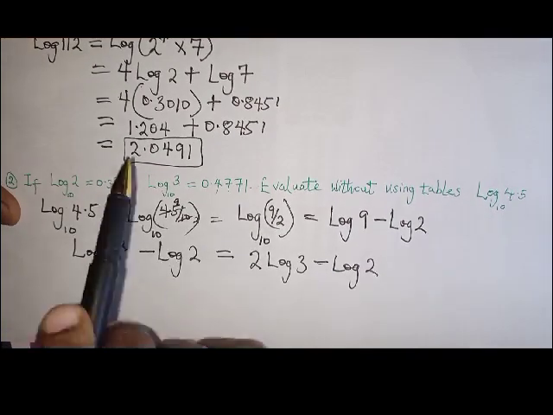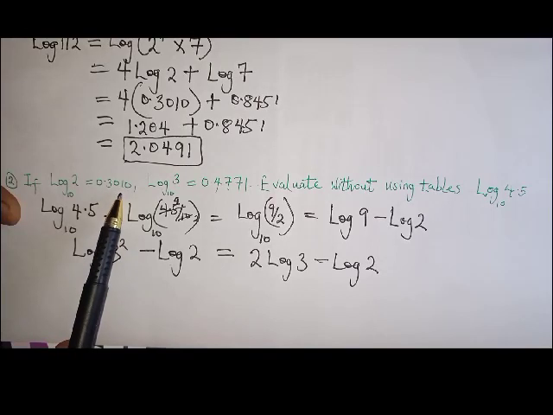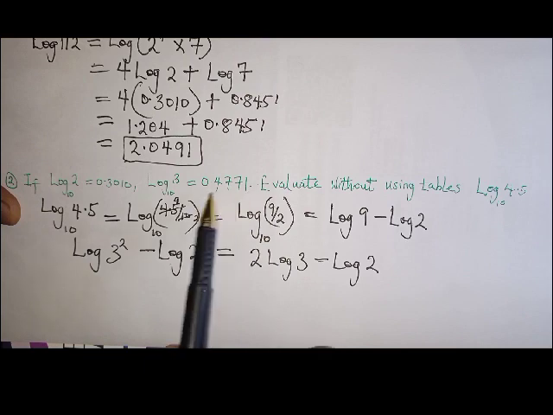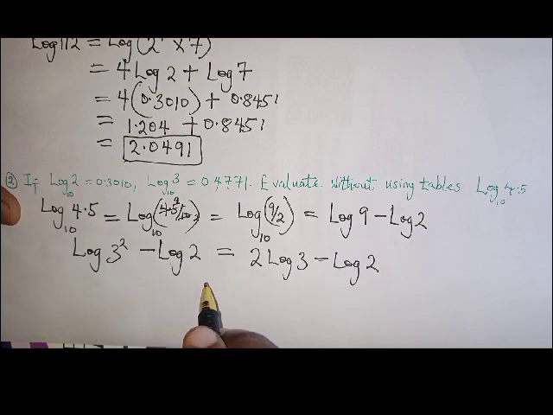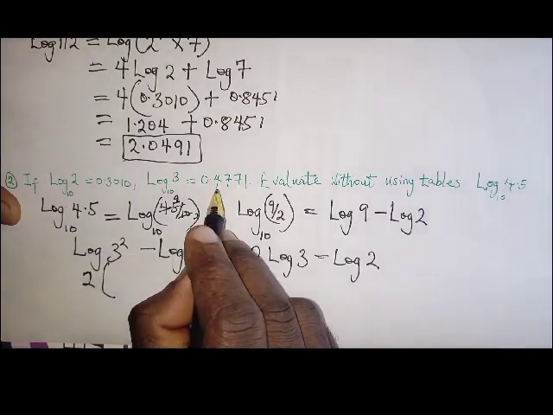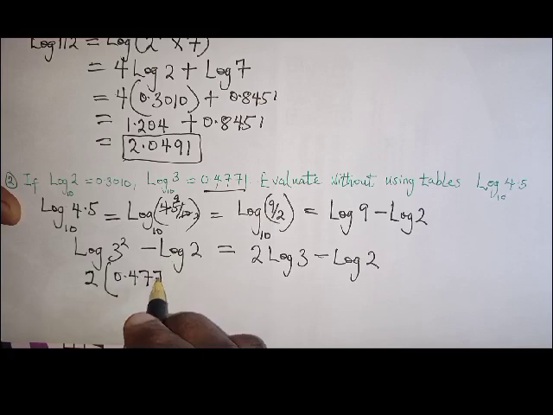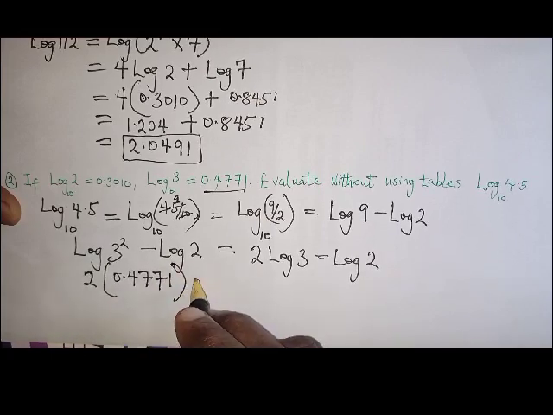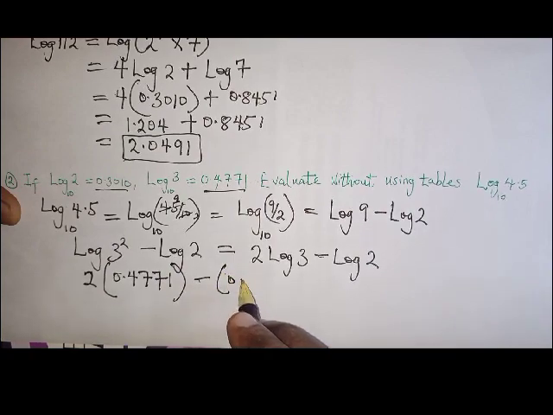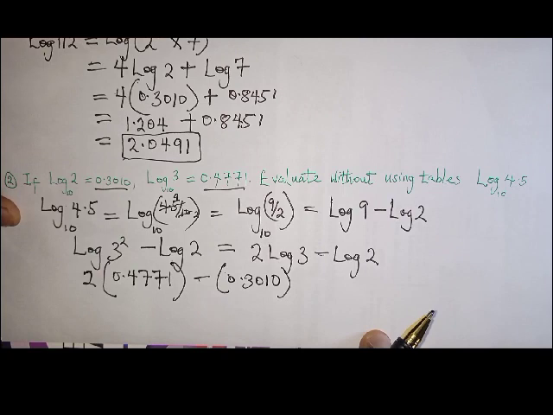Then from the question, they said log 2 is 0.3010, while log 3 is 0.4771. So I'm going to substitute those values. Therefore, I'm going to be getting 2 times log 3, which is 0.4771, minus log 2, which is 0.3010.